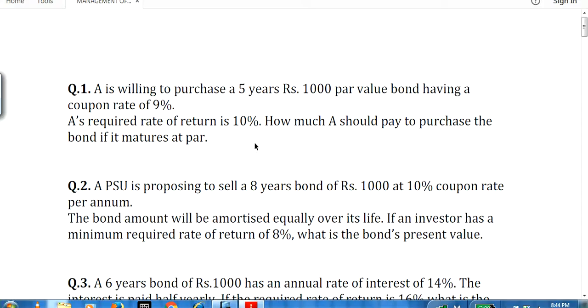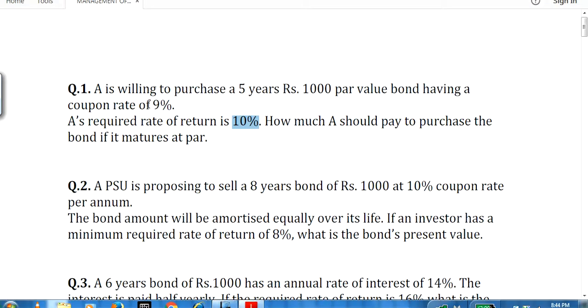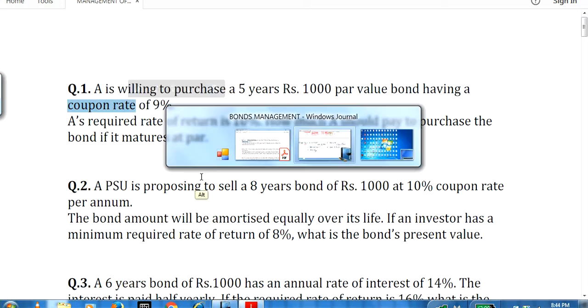Required rate is 10% given, for 5 years, 10% fifth year. You know how to calculate the present value of the annuity factor. Interest is 9% given as coupon rate, so we will calculate the interest as per coupon rate.